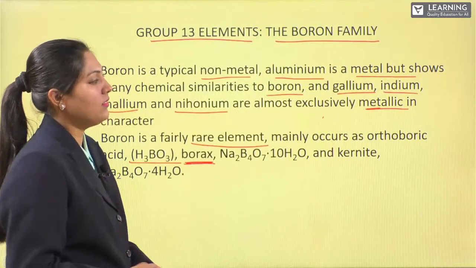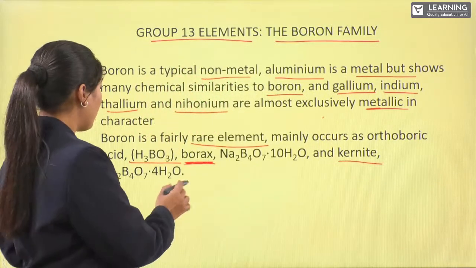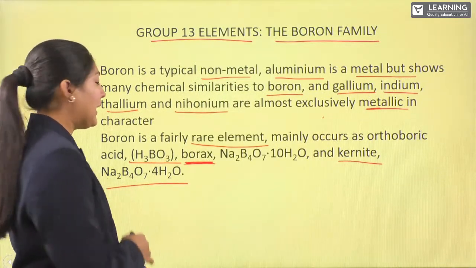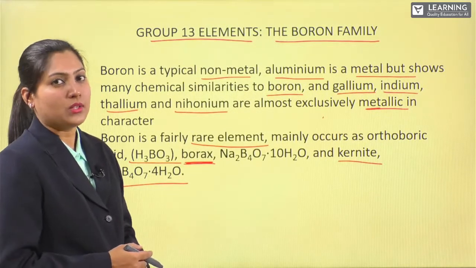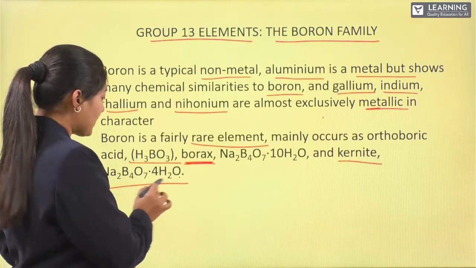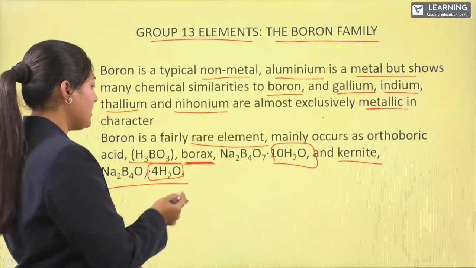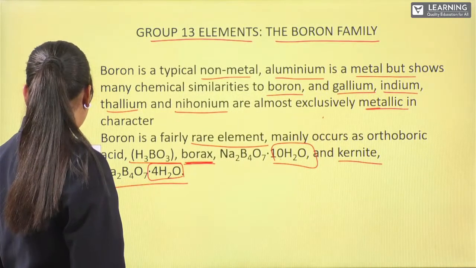We also have kernite, which is an ore. We get boron from this ore, Na2B4O7.4H2O. What do you understand by this H2O, guys? That means this one is decahydrated, and this is tetrahydrated.